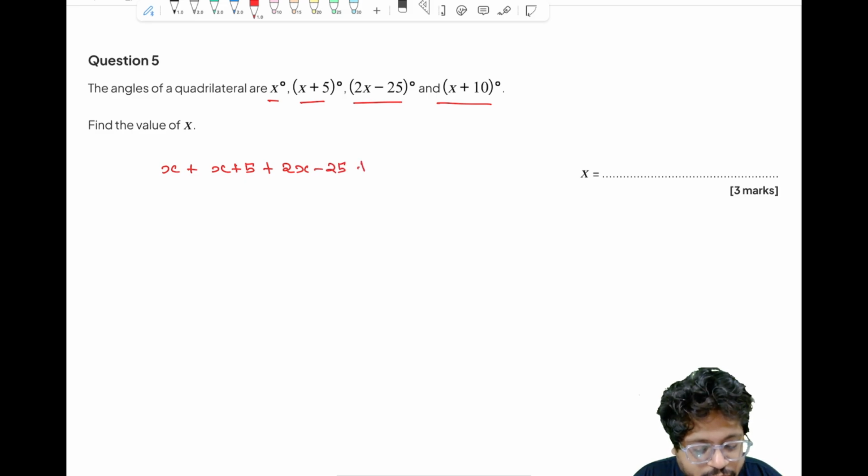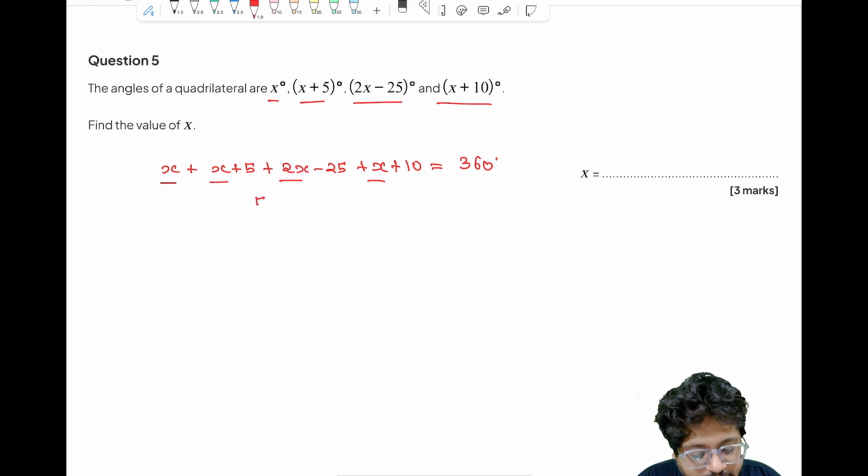No matter what kind of quadrilateral it is, the sum of all interior angles is always equal to 360. So now x plus 2x plus x, they are like terms. x plus x is 2x, 2x plus 2x is 4x, plus x is 5x, and 5 minus 25 is minus 20, plus 10, so that is minus 10, equal to 360.